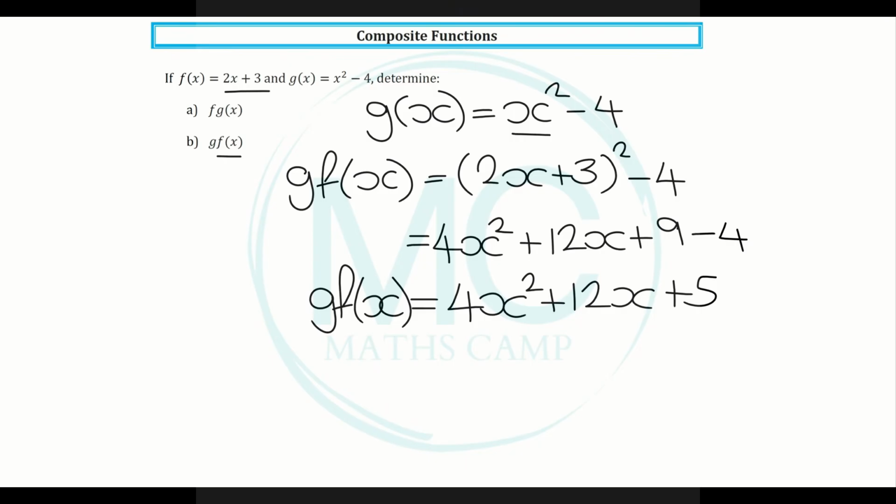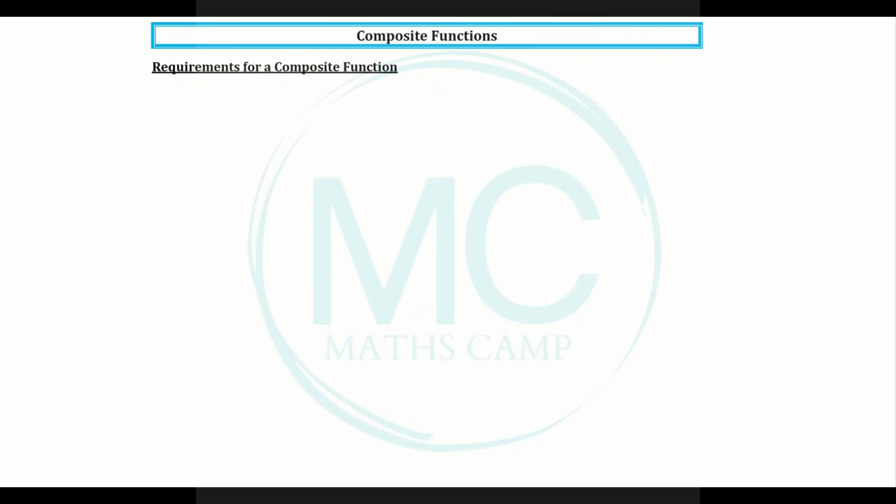Finally, I'd like to look at the requirements for a composite function. For a composite function to exist, the range of the input must fall completely within the domain of the output function. This can be confusing at times, but just remember that the range of a function is all possible y values and the domain is all possible x values.